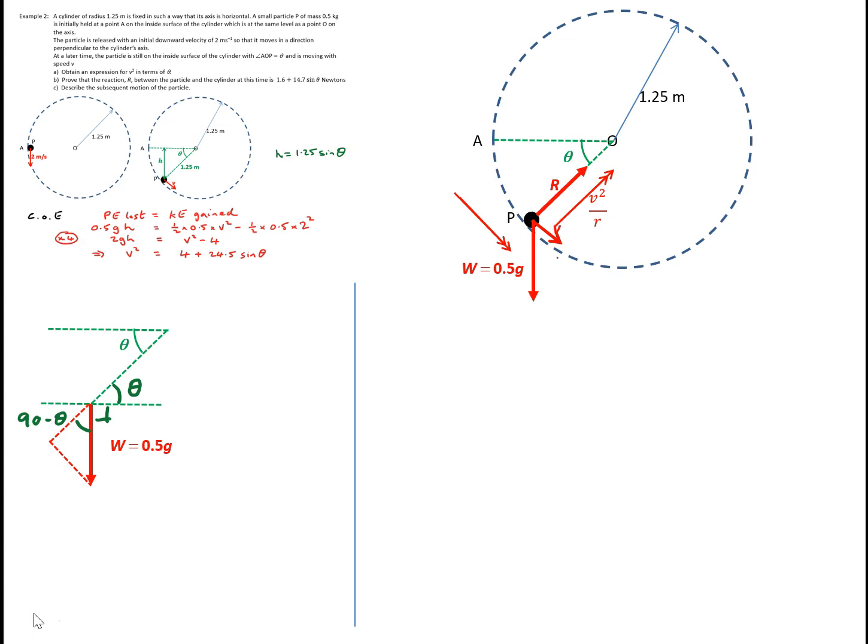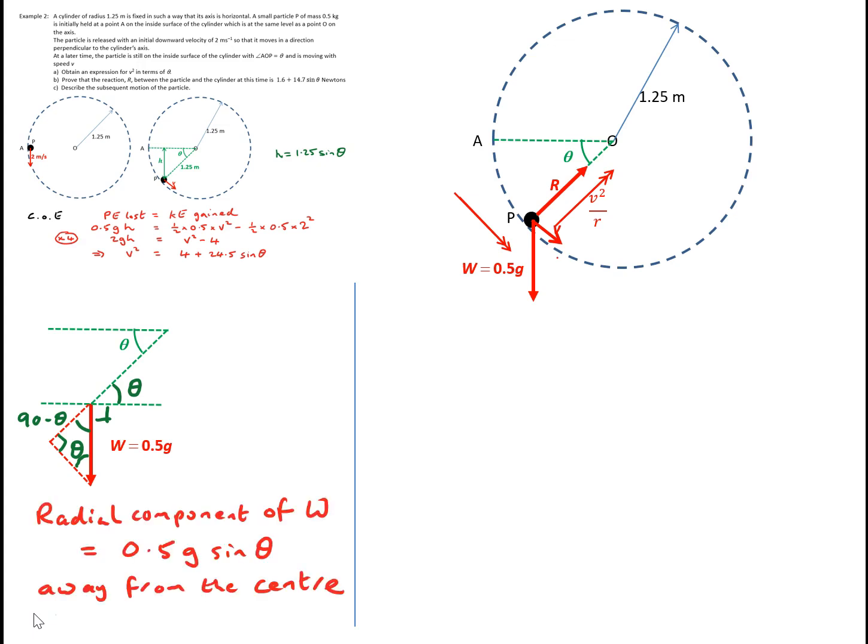We've got a right angle in the red triangle, and the final angle in the red triangle must therefore be theta as well. We want the radial component of the weight, which is the side opposite the angle theta in the red triangle. So the component is going to be W sine theta, or 0.5g sine theta, and this is acting away from the centre.